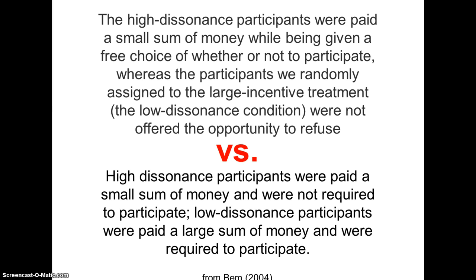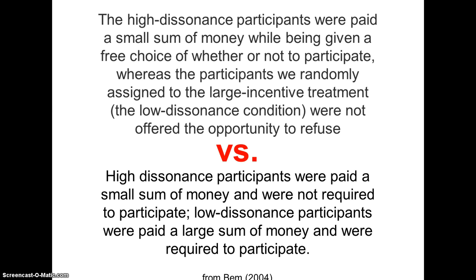In stark contrast to the second approach here, this says: high dissonance participants were paid a small sum of money and were not required to participate. Low dissonance participants were paid a large sum of money and required to participate. So this is where the parallel construction piece comes in. Both of the clauses in this particular sentence are written in exactly the same way. The only thing you're doing is describing, again, for the high dissonance group, here's what it was.